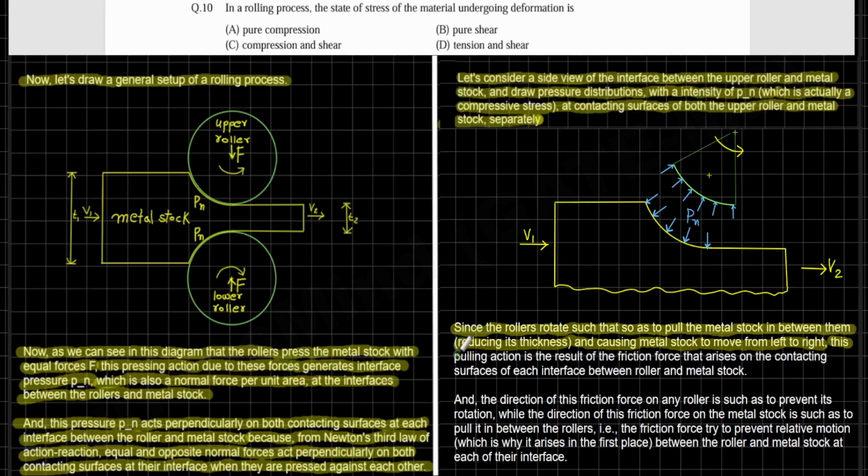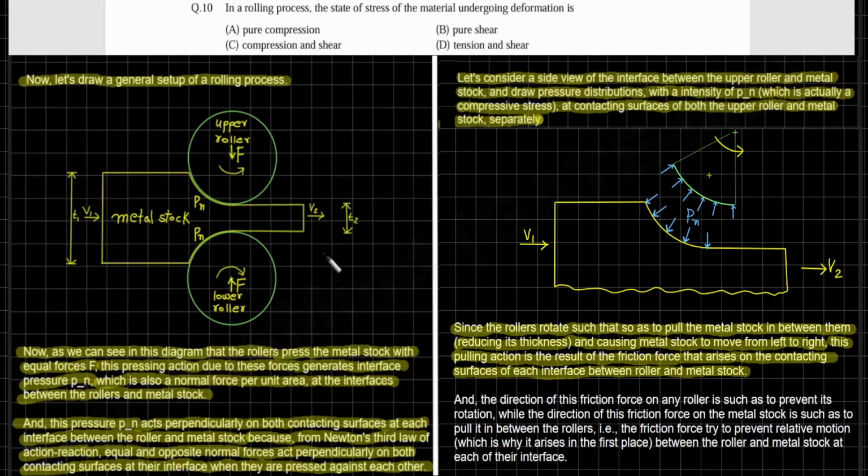This pulling action is the result of the friction force that arises on the contacting surfaces of each interface between roller and metal stock.